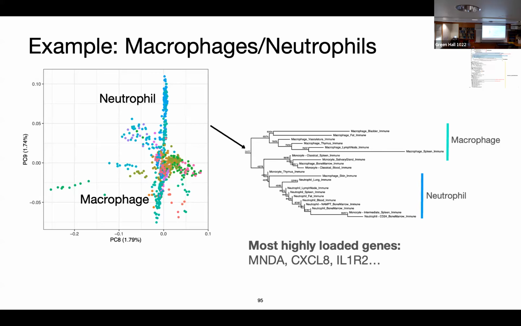And among the most highly loaded genes were neutrophil-specific and macrophage-specific marker genes, things like MMDA, CXCR8. So one hypothesis we can have is that the expression of these specific genes drove the evolutionary origins of the neutrophil and macrophage clades, and we can now have a list of candidate genes to functionally investigate this phylogenetic hypothesis in downstream analyses.